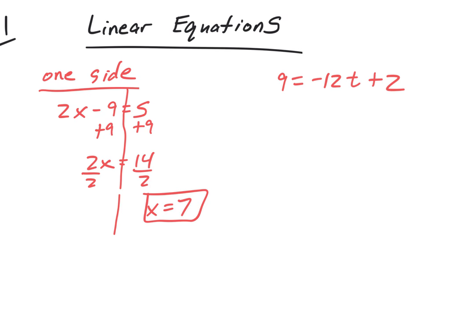We don't really care where the variable's at. If I said x equals 7, pretty common statement, and somebody else said 7 equals x, we're saying the same thing, right? So I don't care if the x ends up on the left or the right. In this case, if t ends up on the right, that's okay. We're just going to solve it the same way. We're going to subtract 2.